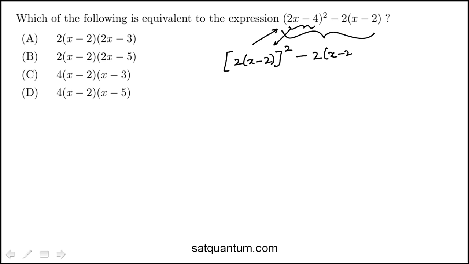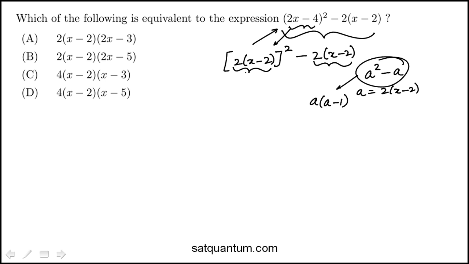And you'll notice that the second term is exactly identical, meaning this is no different than if I gave you a squared minus a, where a happens to be equal to 2 times x minus 2, which we can easily factor into a times a minus 1, and that's what we're going to do.